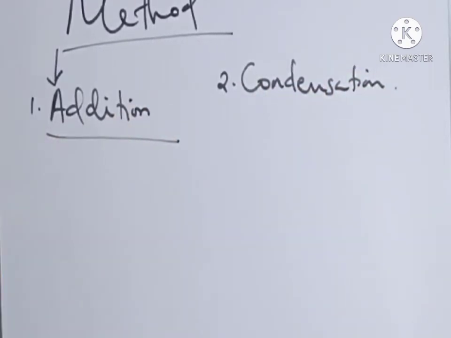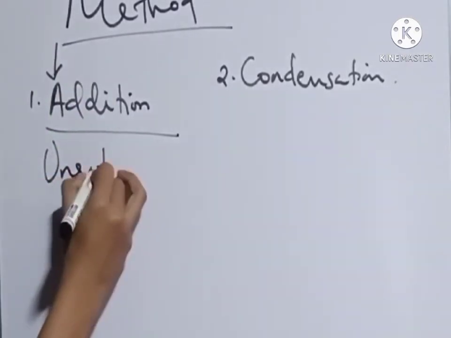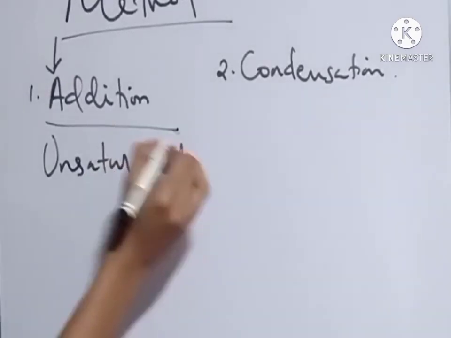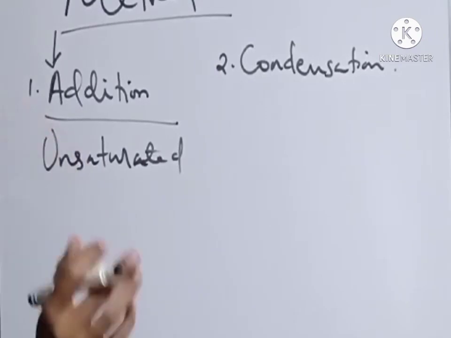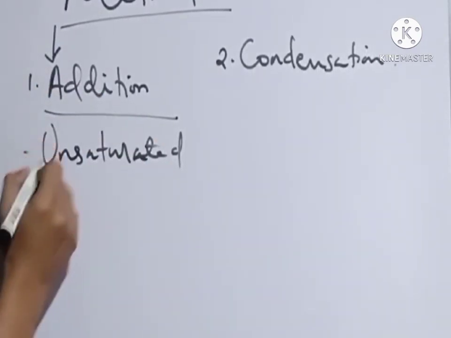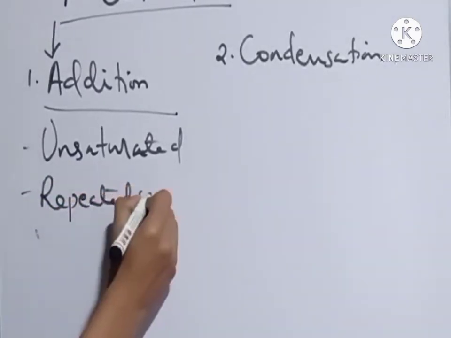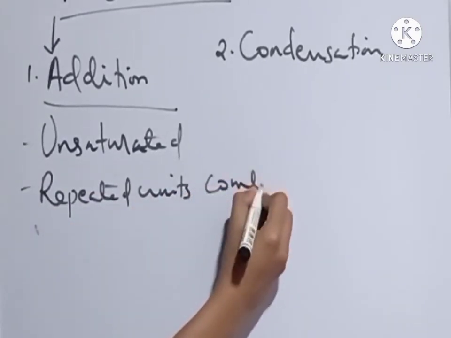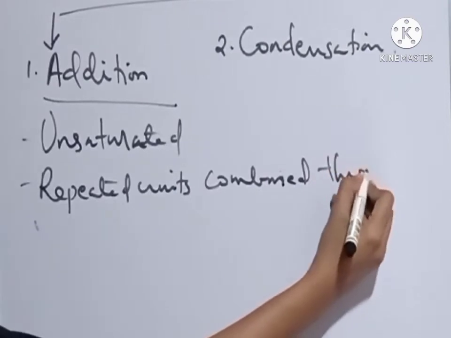Addition polymers means the monomer units are usually unsaturated compounds, and these unsaturated monomers are combined in a repeated manner through addition and form a polymer chain. Repeated units combined through addition reaction.